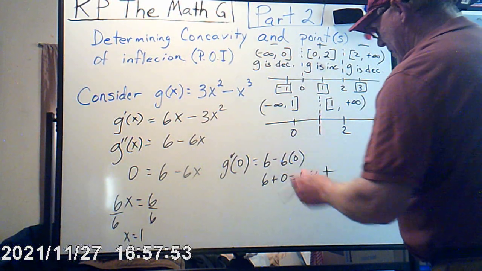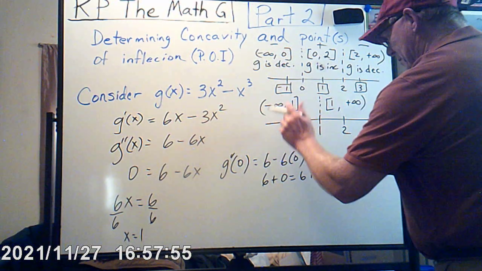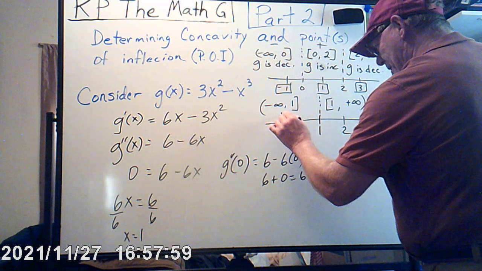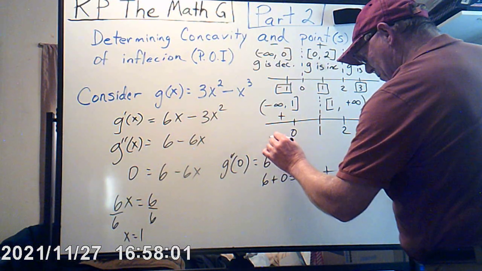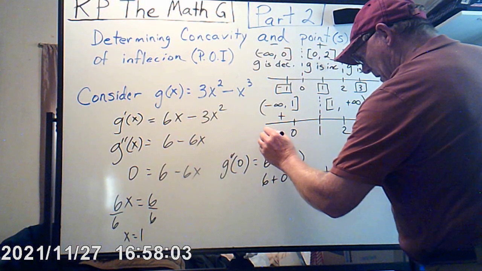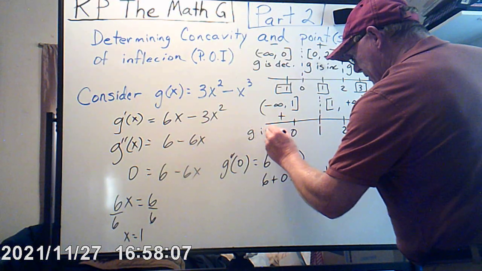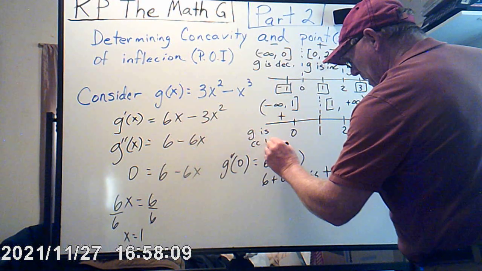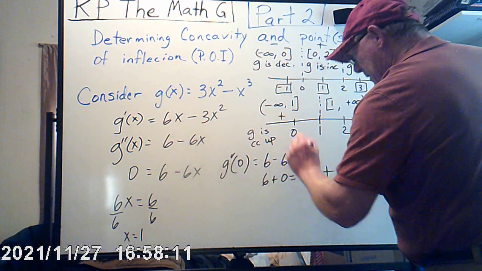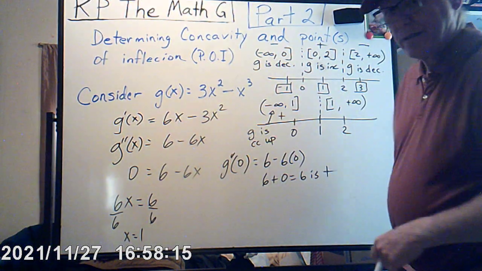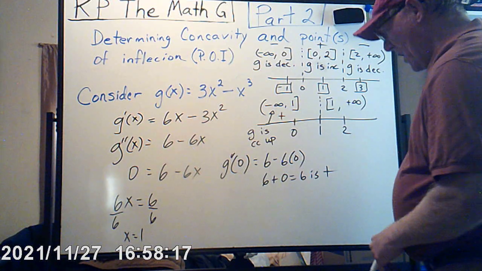So in this interval, we have a positive value, and so we say that G is concave up on this interval right here. Okay, G is concave up.